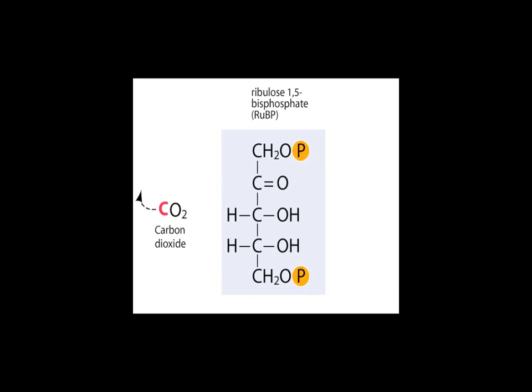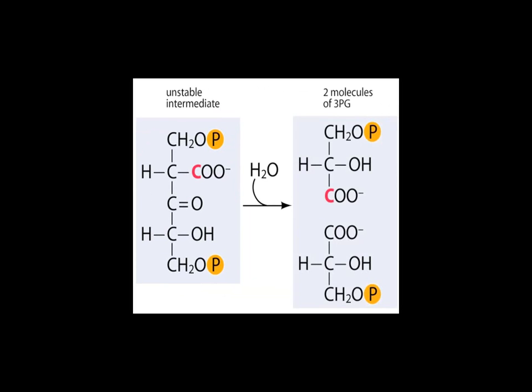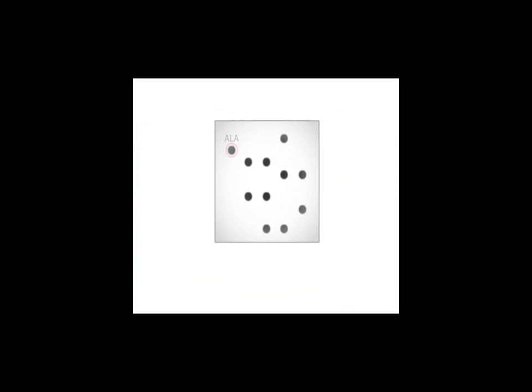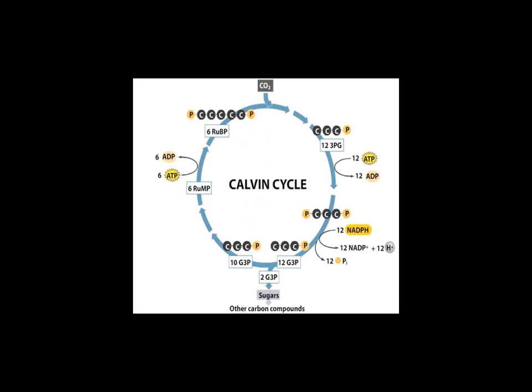Catalyzed by the abundant enzyme ribulose bisphosphate carboxylase oxygenase, or Rubisco, the carbon dioxide becomes incorporated into the RuBP molecule, which is then converted into 2 molecules of 3-phosphoglycerate. Using a combination of chromatographic and chemical techniques, Calvin and his colleagues eventually identified all of the intermediates within the cycle, and Melvin Calvin was awarded the Nobel Prize for his work in 1961.